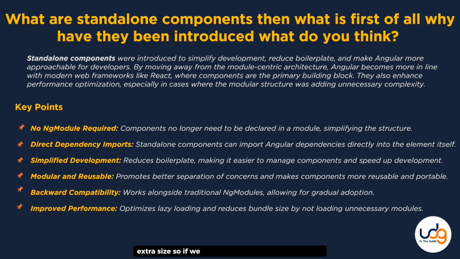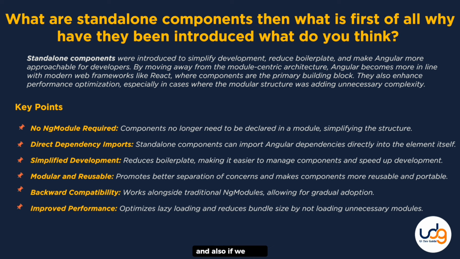If we are using a standalone component, whatever modules or directives we want to use inside it will be imported there, so it will be completely independent. Whatever dependencies we want for that particular component are all imported in the imports property in the @Component decorator itself.